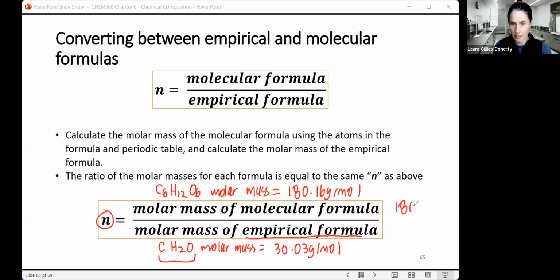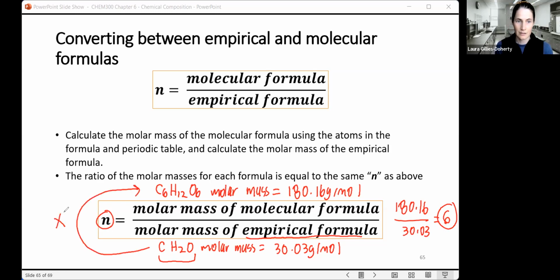So 180.16 divided by 30.03 will give us N. And I get 6 exactly. So what this means is that to go from the empirical formula of this compound, I have to multiply everything by 6. I just solved for N. And now to convert from the empirical formula to the molecular formula, I multiply everything in the empirical formula by 6.